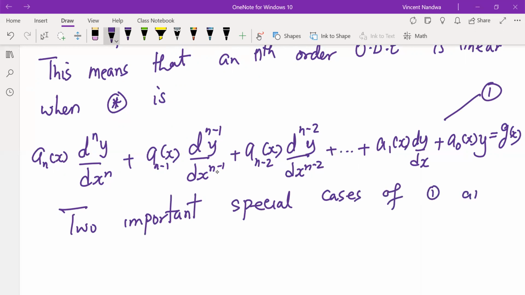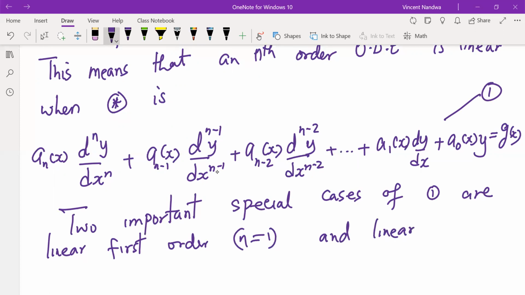So two important special cases of 1 are linear first order when n equals 1, and linear second order when n equals 2, differential equations.